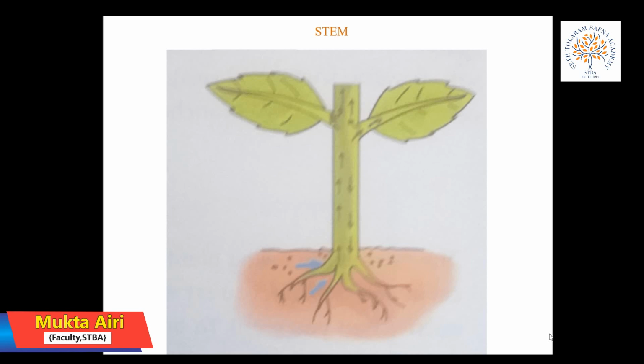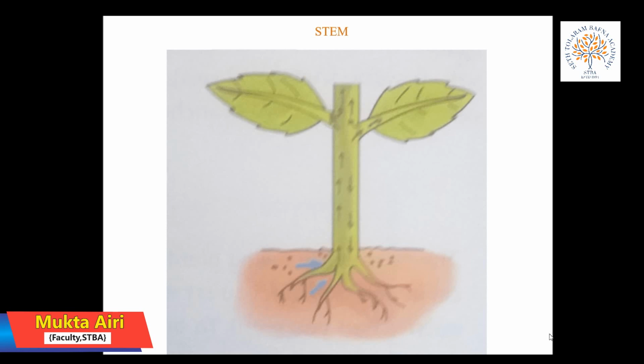The stem has a hollow tube through which it carries water, minerals and salt from the roots to the leaf where food is produced. Again, it is the stem that carries the food prepared by the leaf to other parts of a plant. It is thus like a two-way highway, it carries material both ways.